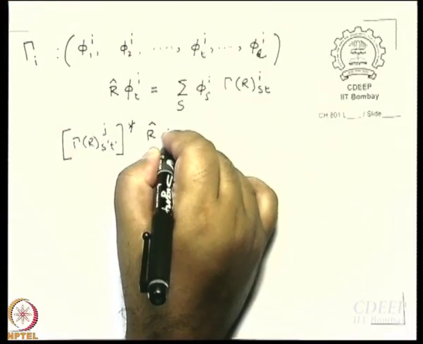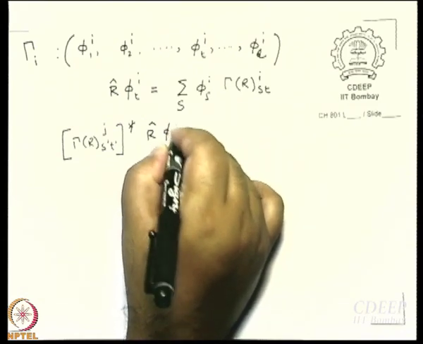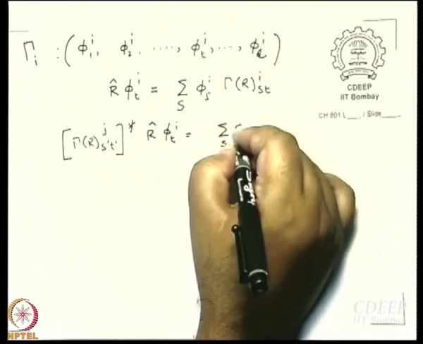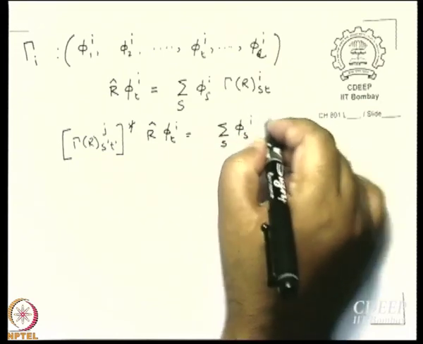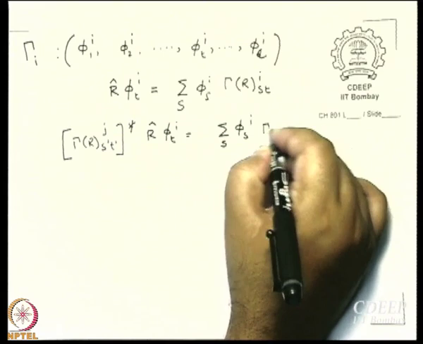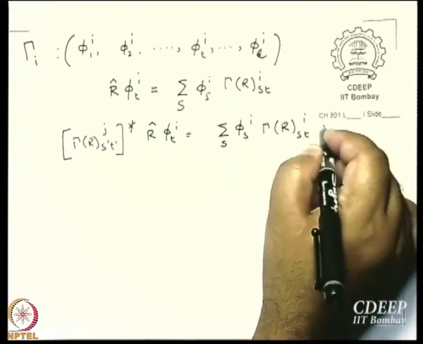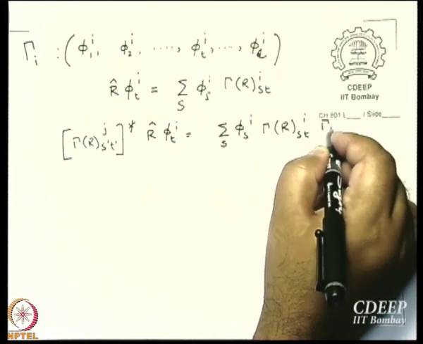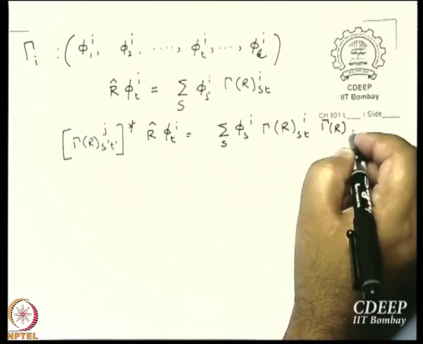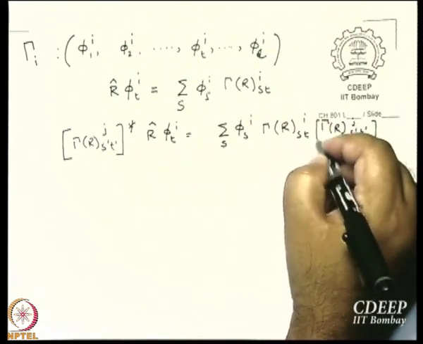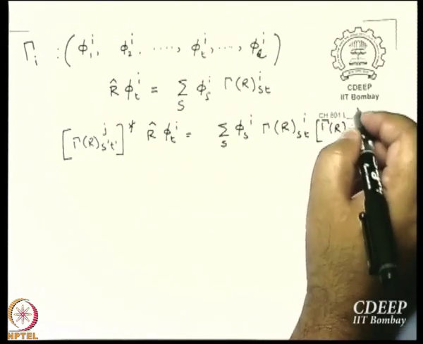This multiplied by R hat phi T I is equal to sum over S phi S I gamma of R S T I, this is annoying, gamma of R S dash T dash J star.